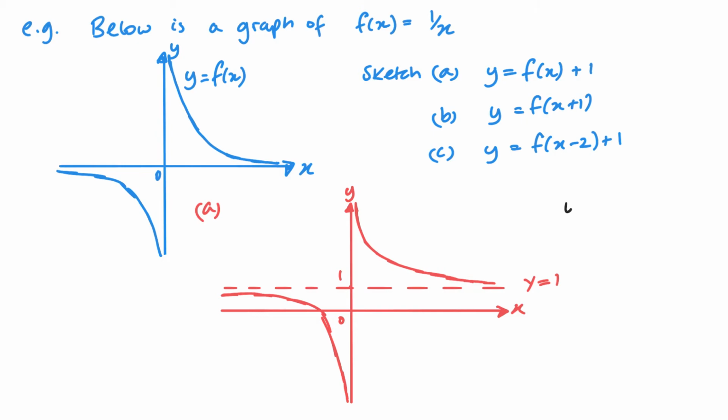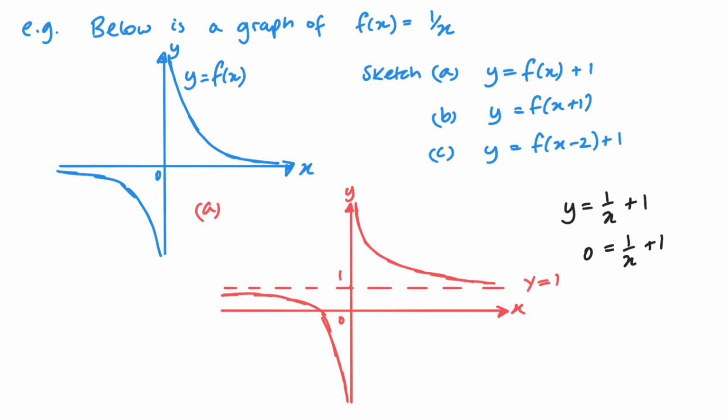So as before, y equals now f of x is 1 over x plus 1. So all we're doing is substituting into here. F of x is 1 over x plus 1. And where it crosses the x-axis, that is when y equals 0.